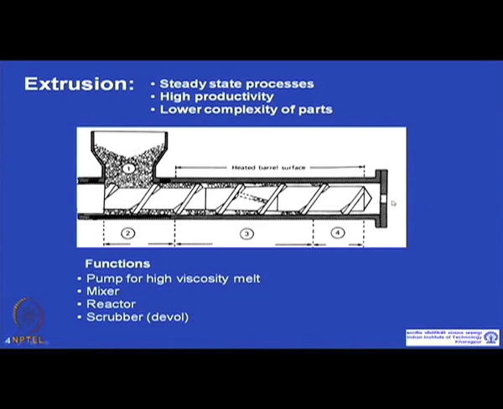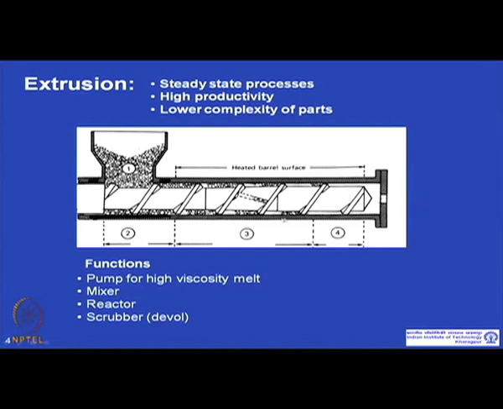And if you have different shaped dies, like for sheets, you can form sheets or pipes here itself, or if you want to use this material for further injection molding or some other molding step, you can cut it into small pieces and make granules.